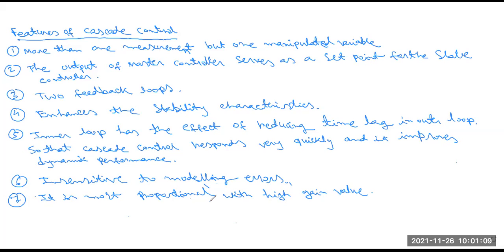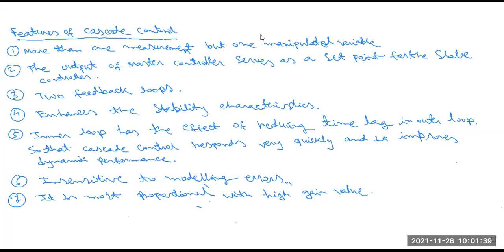The tuning of the controller part we covered in the last class, that is Ziegler-Nichols tuning of PID controller systems. The proportional mode is very simple, so the offset associated with any type of error is easily removed from the control action. These are the main features of the cascade control system.